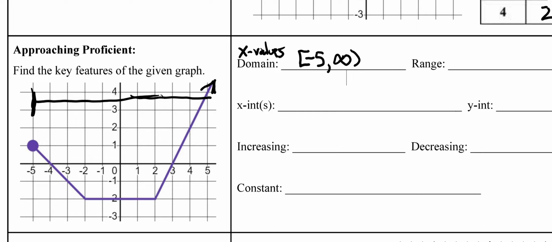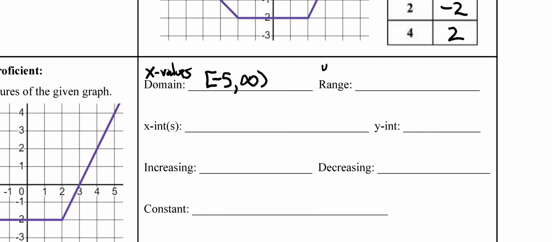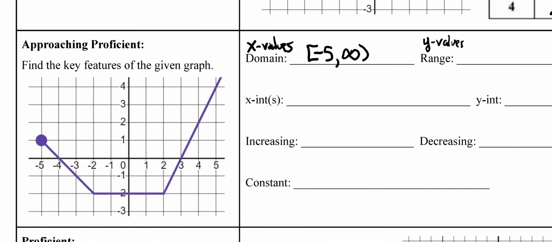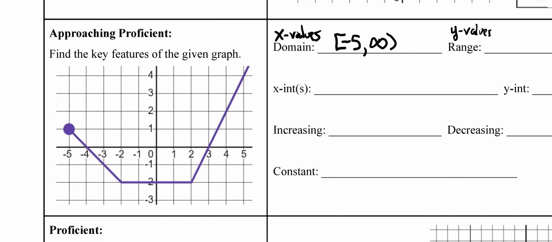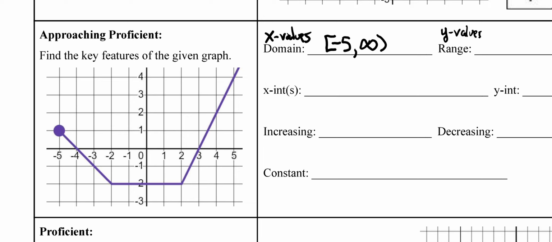The range are the y values. All of the y values represented in the graph in the function. So once again, how far down? Because they're y values, it's up and down, not left and right. So how far down does this go? Well, the furthest value down is down here at -2.